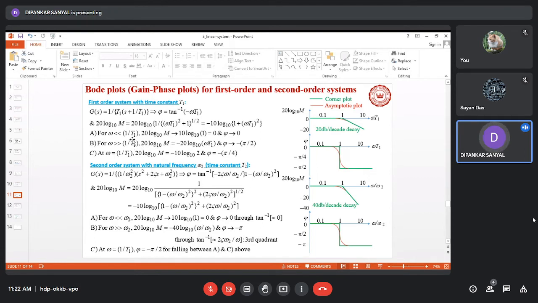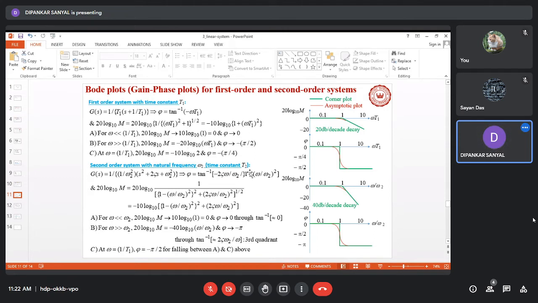But in the limit of much faster excitation, we can neglect this 1 with respect to this omega T1 square, and this 20 log 10 becomes 10 log 10 (omega T1) whole square, and this 2 comes out, that makes 20 log 10 omega T1.